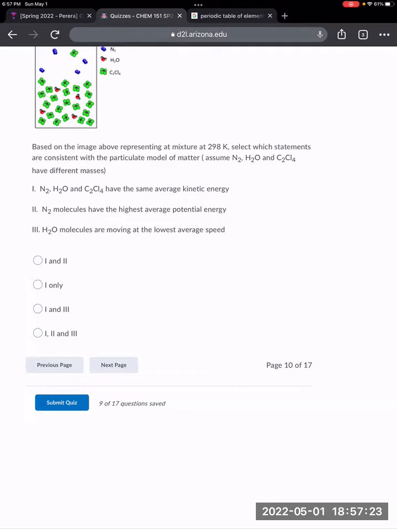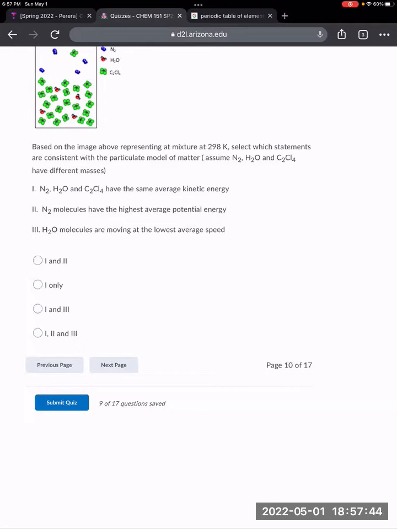Okay, but the thing is, H2O is around 18 grams per mole, and then C2Cl4 is much heavier than that. C2 is 2 times carbon, that means 24, plus Cl is 35.5.